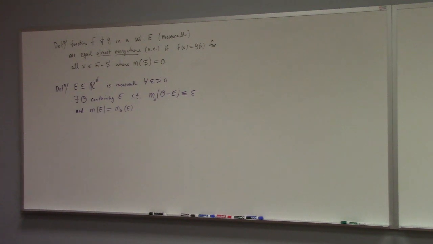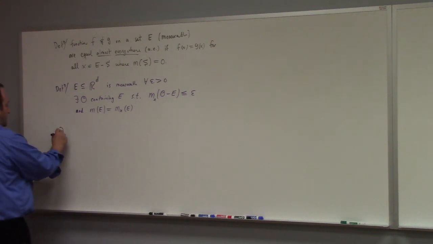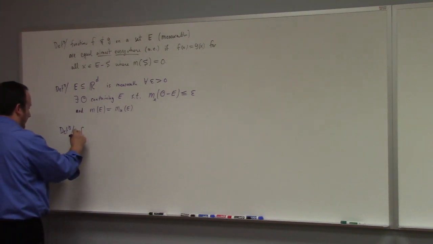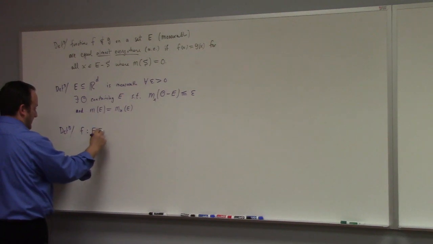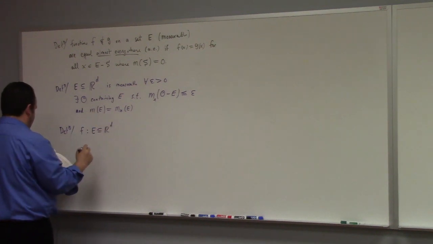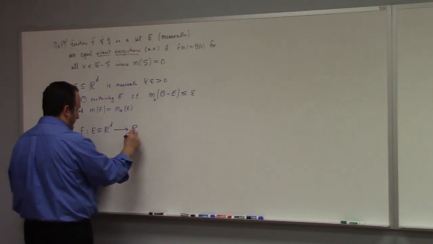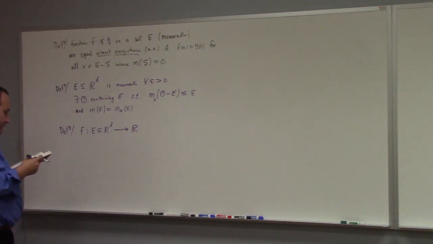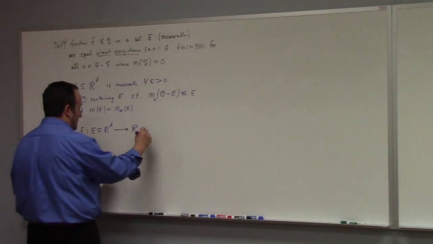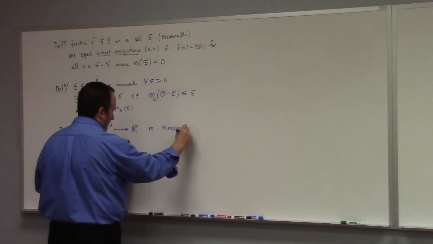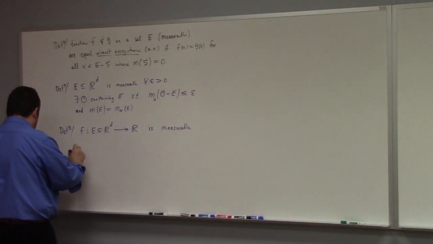Okay, so that was measurable set, and then, of course, I should remind us that a function f, defined on a measurable subset of R^d, and I suppose at the moment we're looking at real valued functions, aren't we? That is measurable if what?